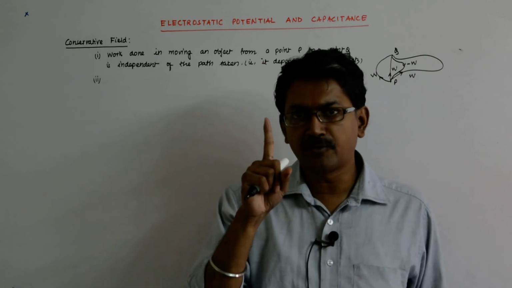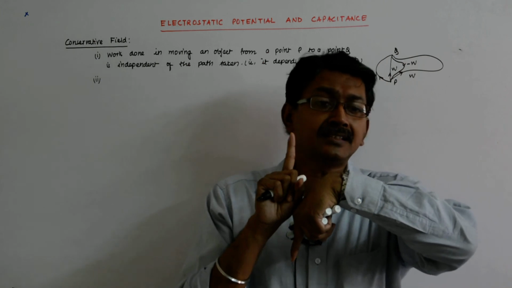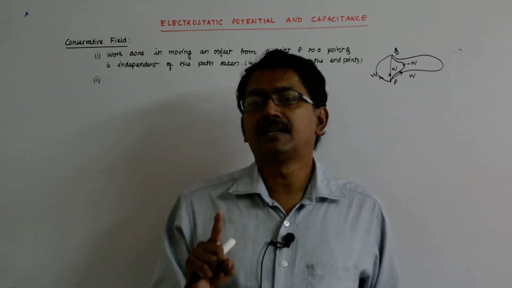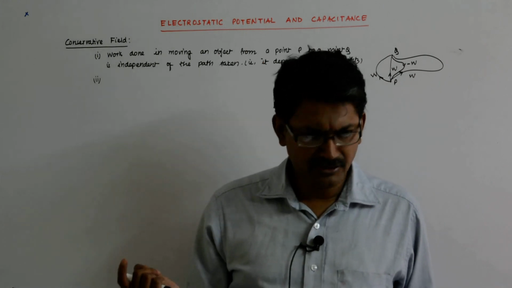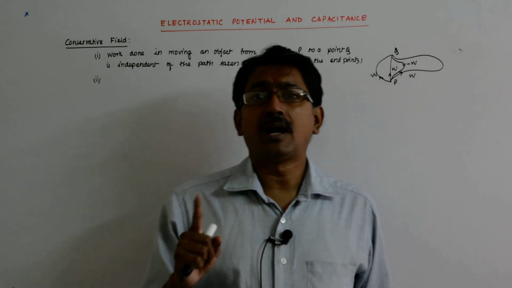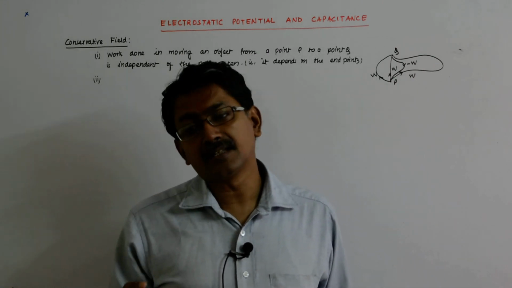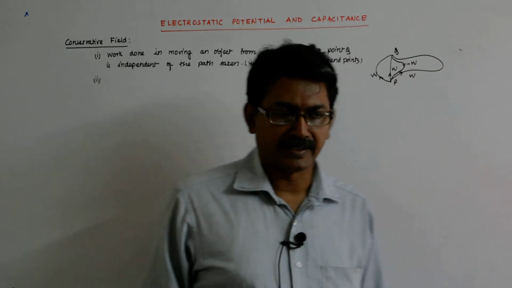So you do a negative work. Your force is upward, your displacement is downward, the angle is 180, the work done is F s cos theta, so it is a negative work. It's not because it's a vector quantity. Because in one case you are doing the work, in another case the system is doing the work. The system is pulling it.